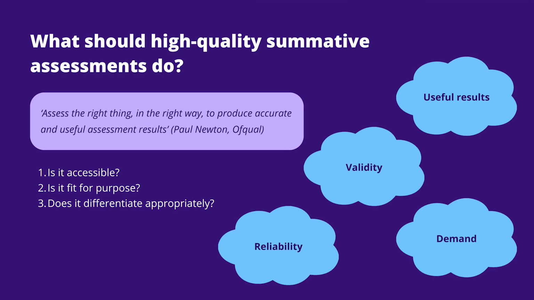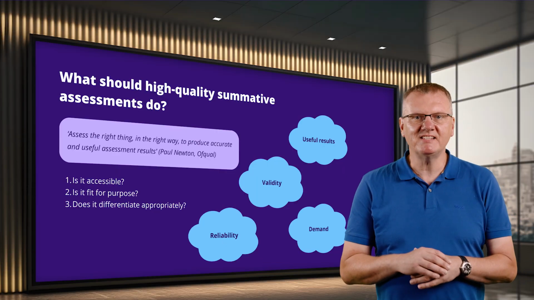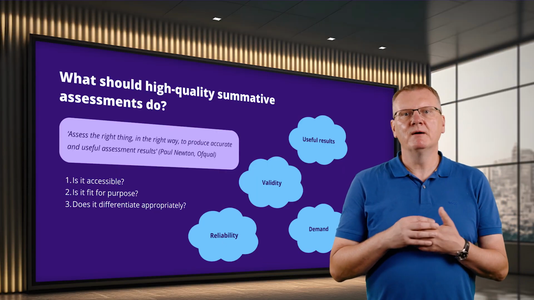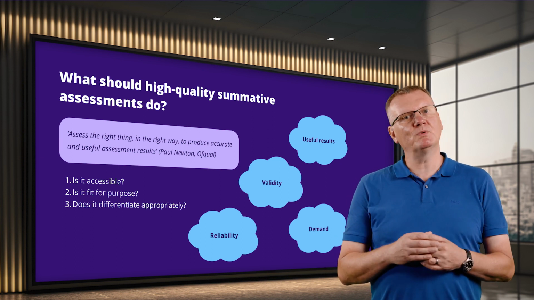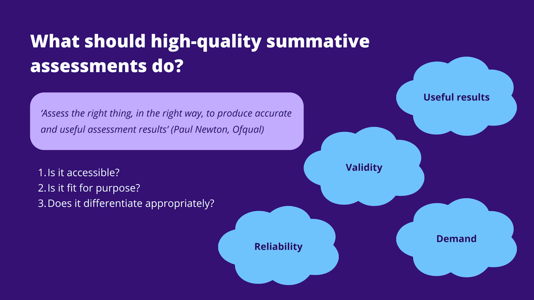They need to be set at the correct level of demand, designed appropriately to be accessible to students of all abilities. In GCSE Science, this is partly addressed by tiering, but also by ramping of demand of questions within each paper. They need to produce useful results, and this is summative assessment for learning.